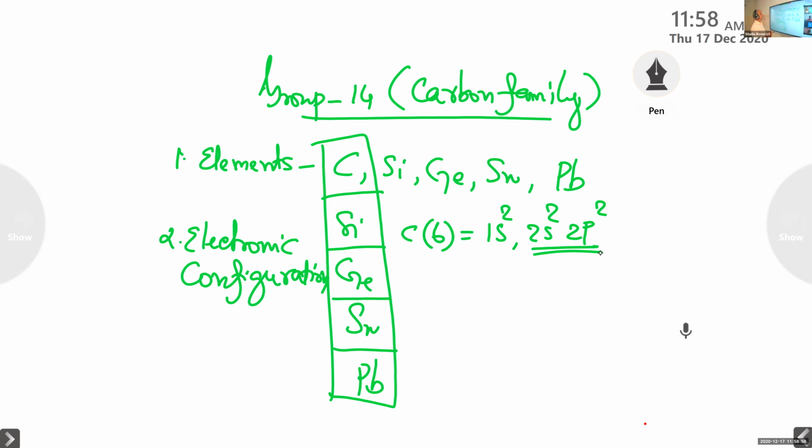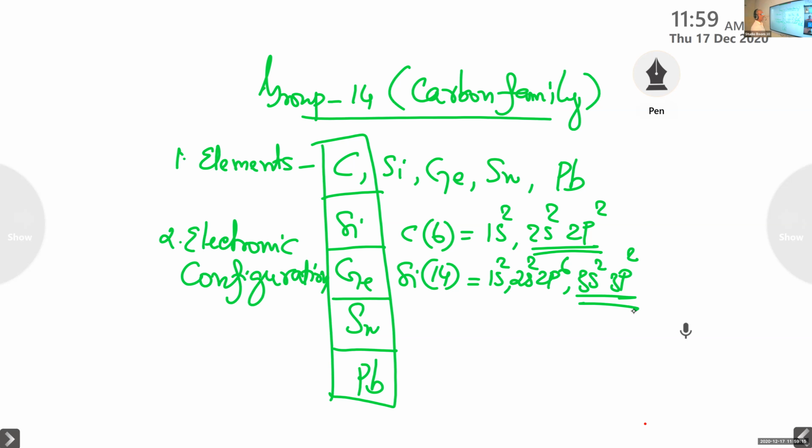Silicon, atomic number 14: 1s2, 2s2, 2p6, then 3s2, 3p2.